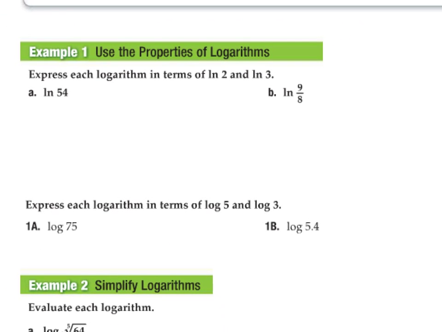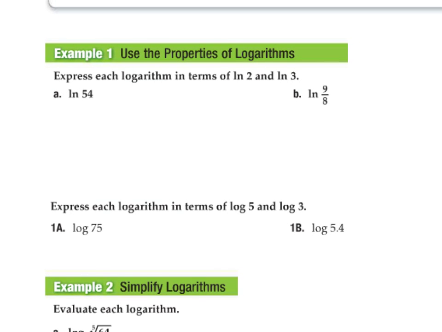In the first example, it says express each logarithm in terms of the natural log of 2 and the natural log of 3. Well, you can see that we have 54, which is not 2 or 3, so we've got to figure out how we can write 54 so that it has a 2 and a 3 in it.